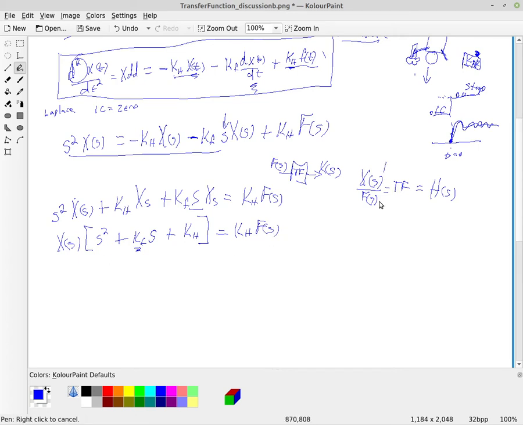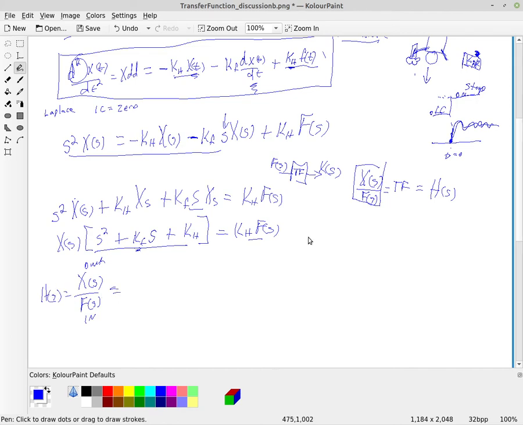And then that's equal to the Hooke's law coefficient times my forcing function in the frequency domain. Again, I want to solve for X of s divided by F of s. So divide each side by F of s and divide both sides by what's in the square brackets, the s squared plus k_F s plus k_H. That gives me my transfer function, X of s divided by the input. So this is the output divided by the input, and that's telling me what the box is doing.